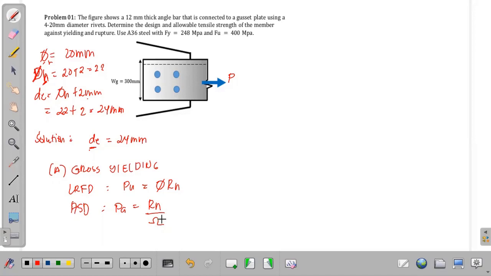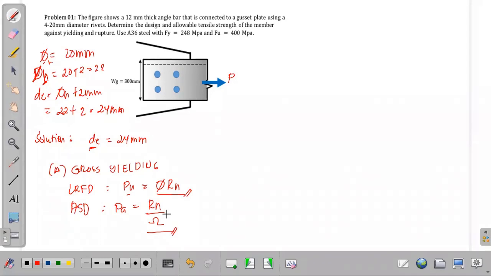Okay? So ang hinahanap natin is the design and the allowable tensile strength. So yung Pu, that is equal to ito. Ito yung hinahanap natin, di ba? Ito din yung hinahanap natin for the allowable tensile strength.